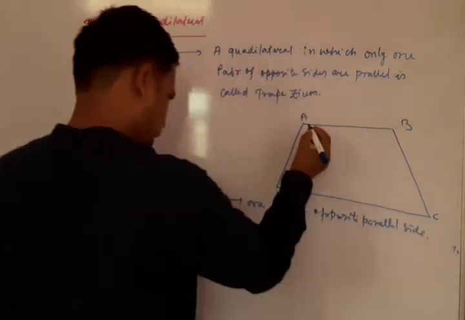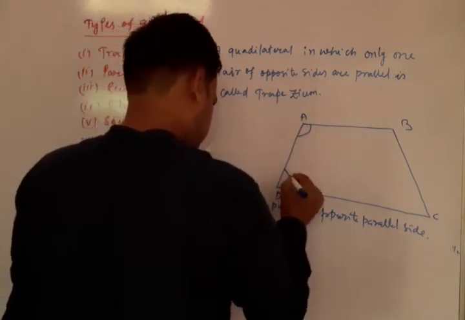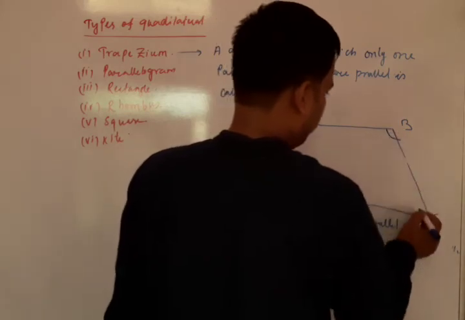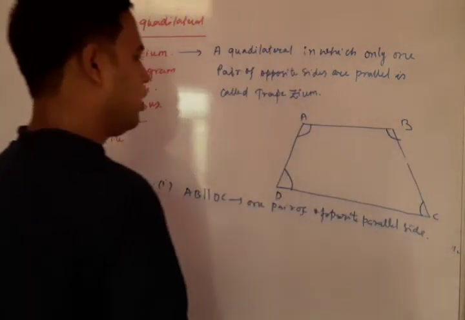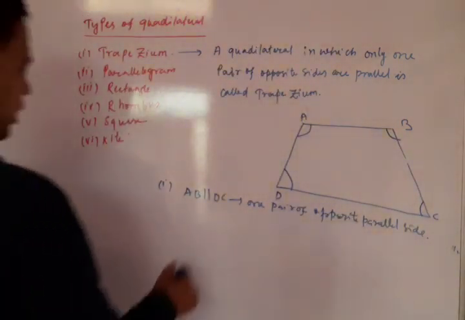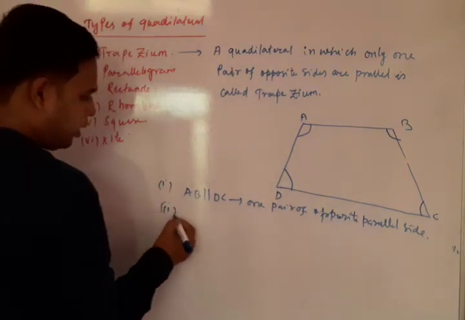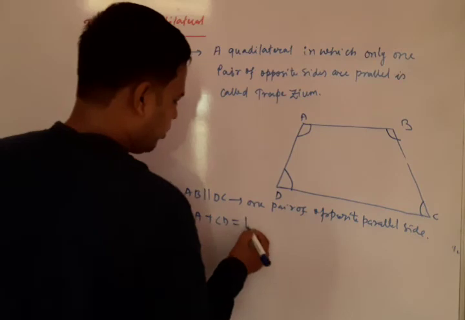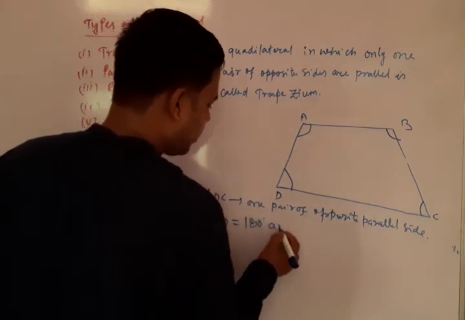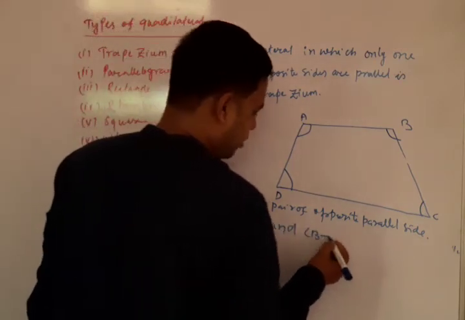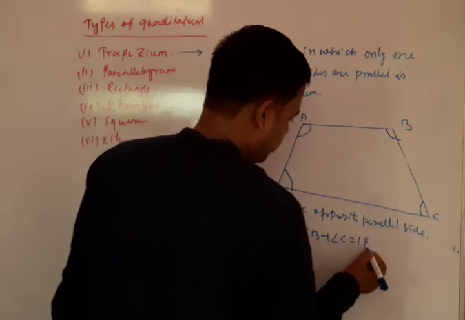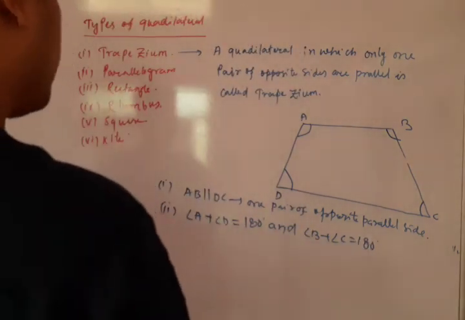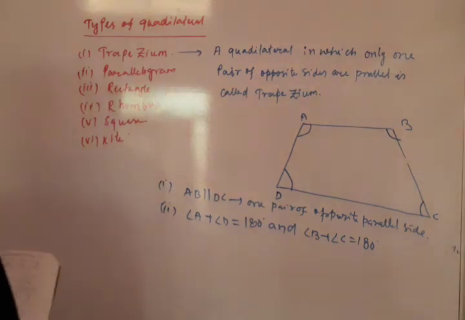Next, the second property is angle A plus angle D equals 180 and angle B plus angle C equals 180. The sum of adjacent angles is 180.